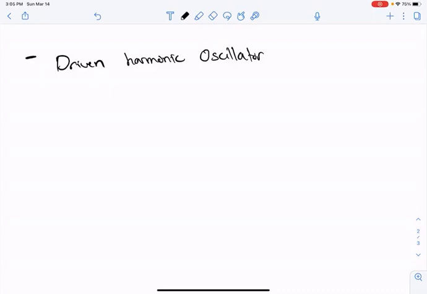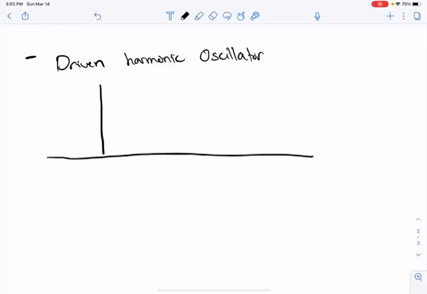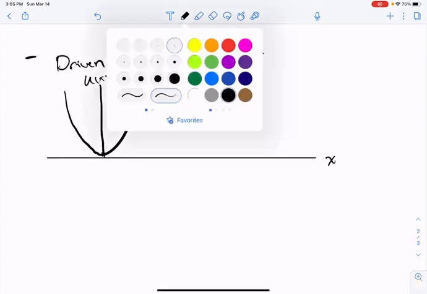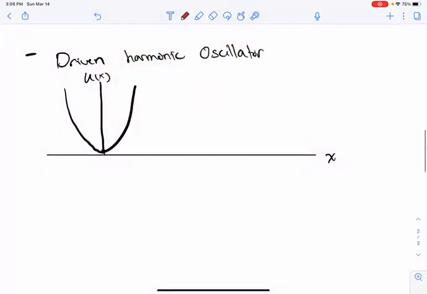The specifics, the game we will play, is to imagine that we have some harmonic oscillator with some potential, U of x, which through a coupling to the bath can undergo thermal fluctuations in this potential.